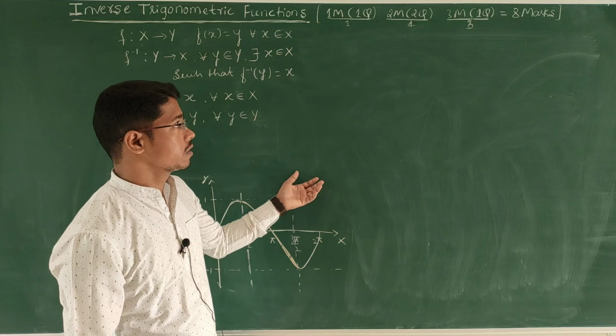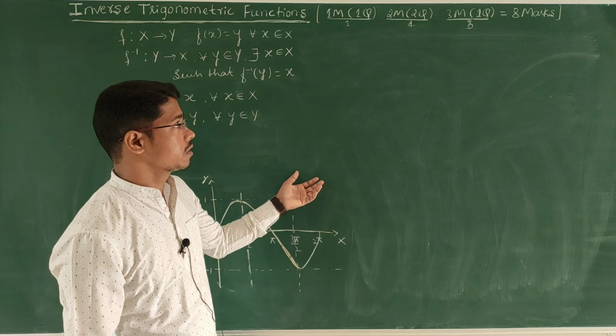See, this is the sine function. The sine function is defined from the set of real numbers to [-1, 1], with domain R and range [-1, 1]. The maximum value of the sine function is 1 and the minimum value is minus 1.